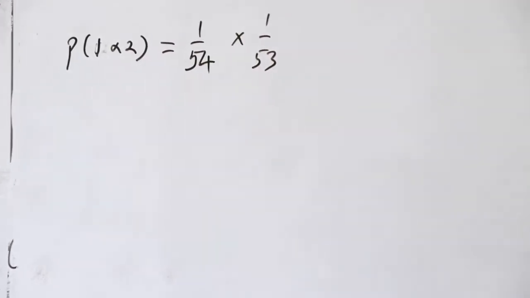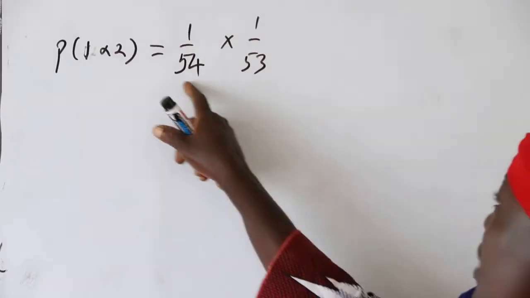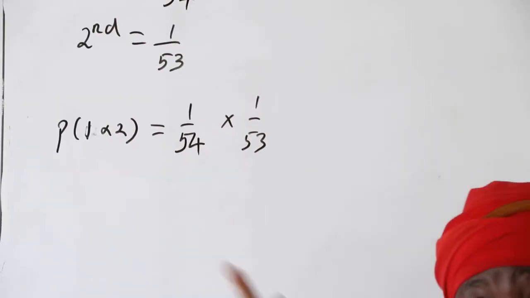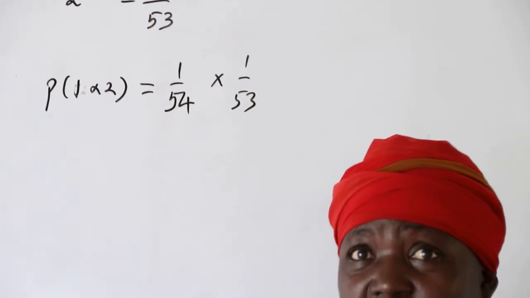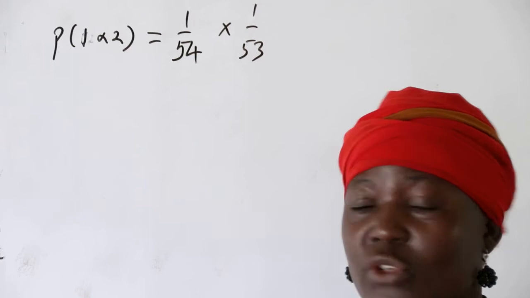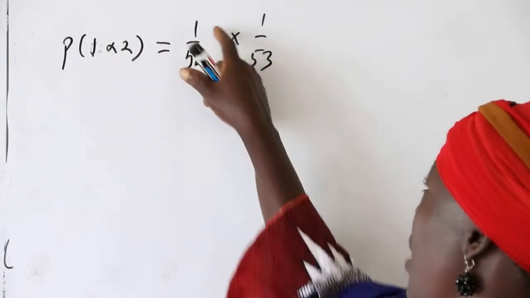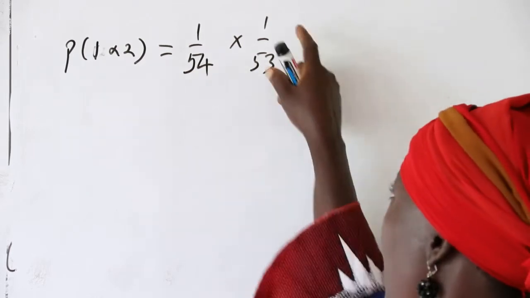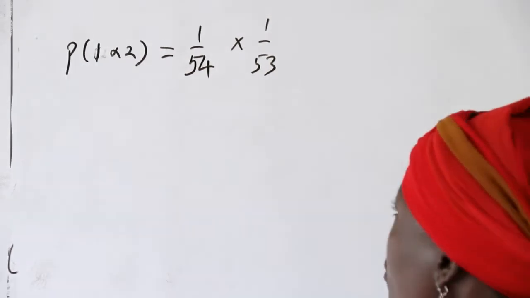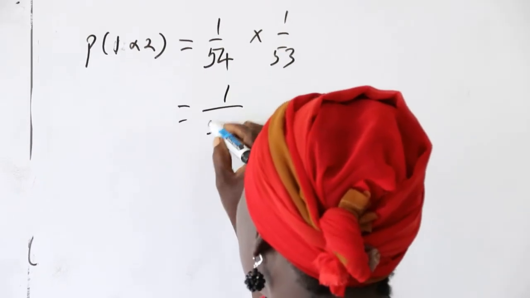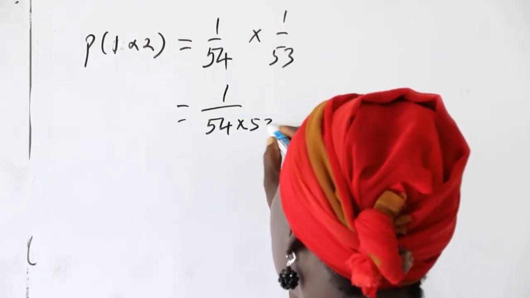So this will now be my probability. But the other one was 1 over 54 times 1 over 54. This time around, I have picked one, I did not return it back. So the first one is 1 over 54. The second one will be less by 1, so it will be 1 over 53. So now I will have it as 1 over 54 times 53.